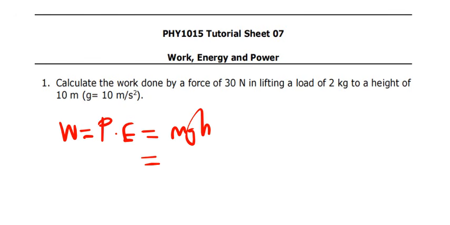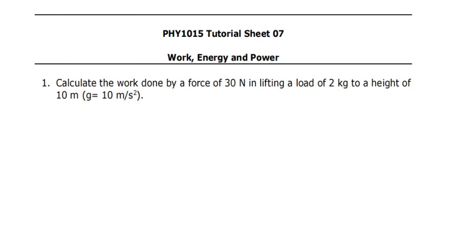The mass we've been given is 2 kg, multiplied by the acceleration due to gravity, 10, multiplied by the height we've been given, 10. Okay, now if you go this route, not really the potential energy, we're finding the work done actually.